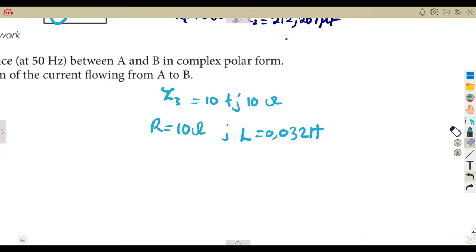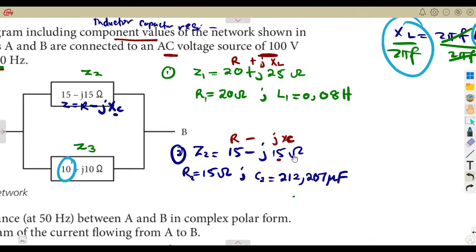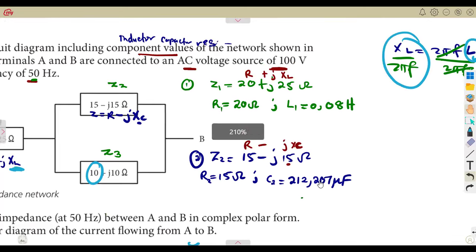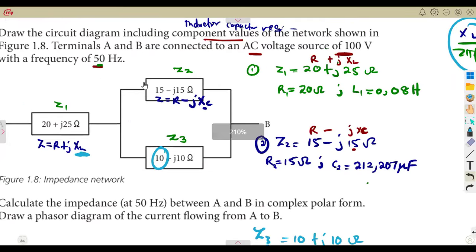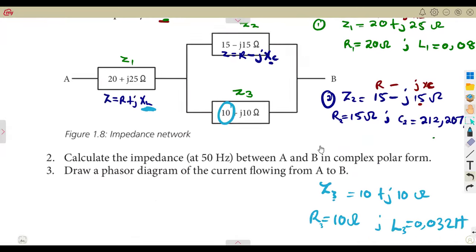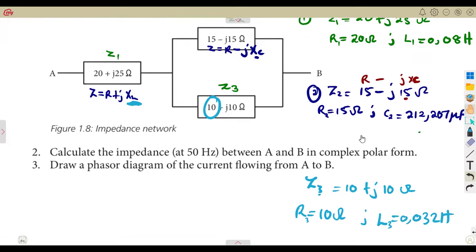That is, all the components are there. So that's for the third one. It's just going to be R3, L3. Now let's check. Remember the question is for us to draw the circuit diagram. So it means that from A to this, we need a diagram. Well, how is it going to be?